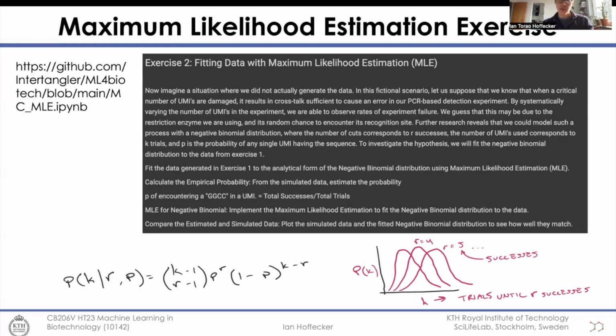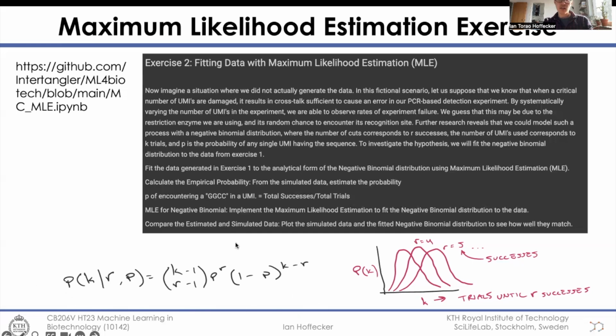And what we want to do now is, let's say we're starting with the data. We didn't generate it. Let's say that we've run an experiment and actually we have the data. So we're looking at a set of numbers of trials to 5 cuts. And we've hypothesized that the distribution here, so this is the negative binomial distribution function, or the Pascal distribution, it's called.